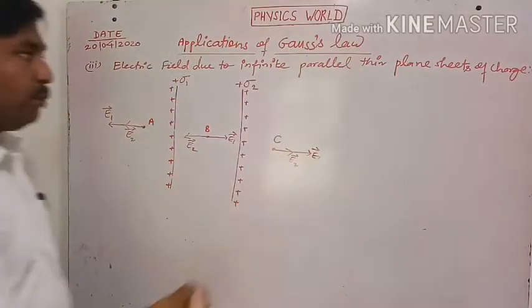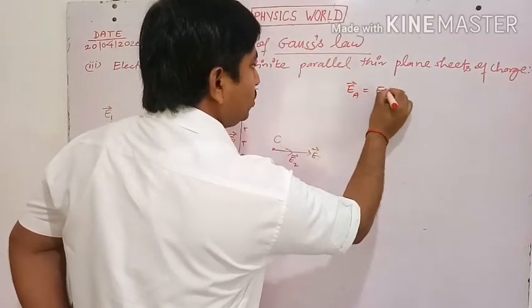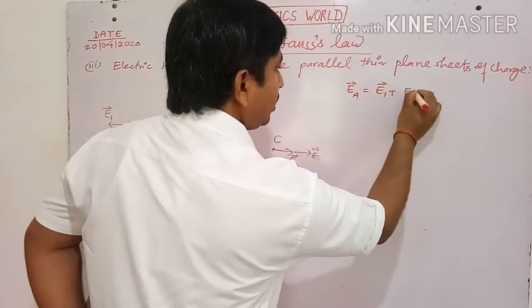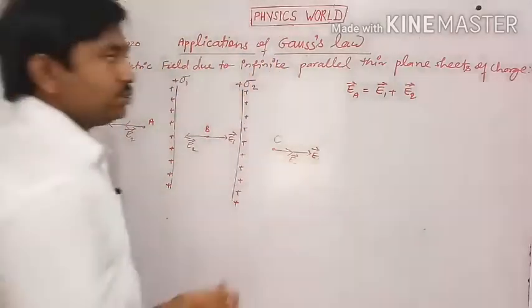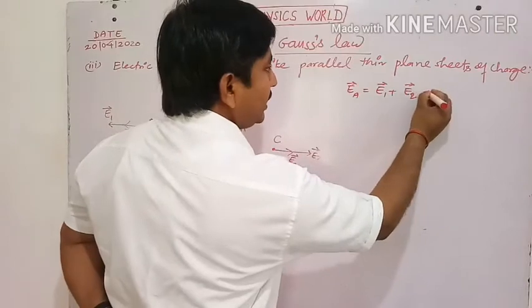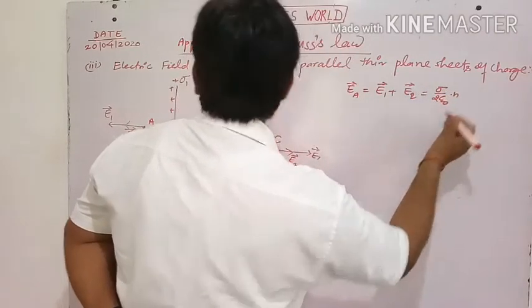So at any point A, the total electric field will be equal to electric field due to first plane sheet and electric field due to second plane sheet, and that can be written as sigma upon 2 epsilon naught n cap.